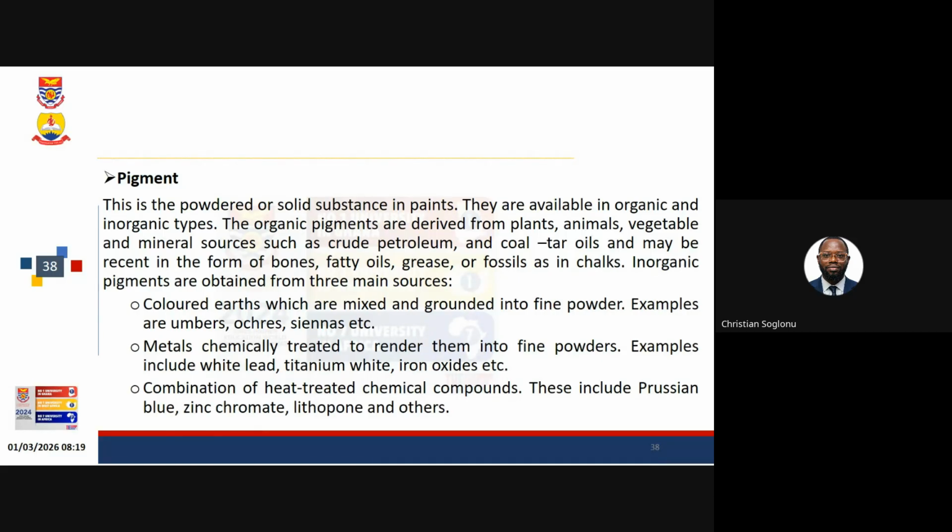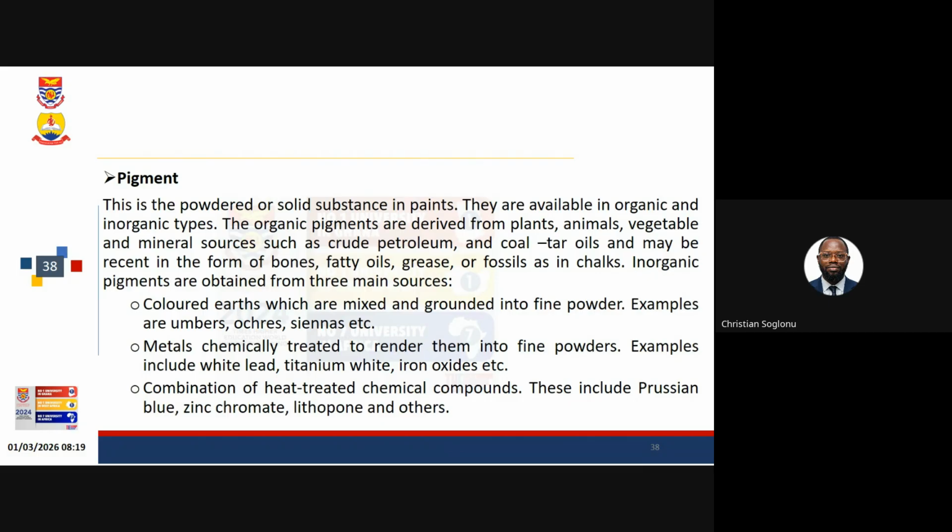The organic pigments are derived from plants, animal, vegetables, and mineral sources such as crude petroleum and coal tar oil, and may be recent in the form of bones, fatty oil, grease, or fusel as in chalks.